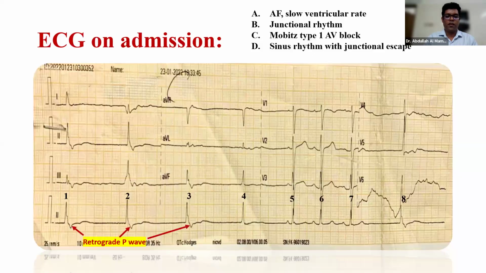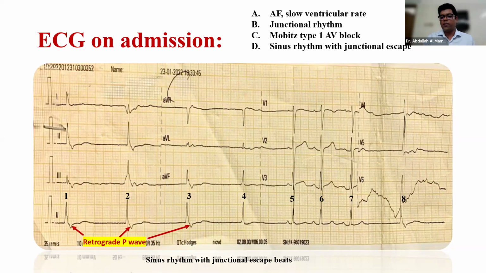The QRS duration seems to be normal, and the retrograde P wave is deforming the terminal portion of the QRS complex. So the initial part is junctional rhythm, and in the later part of the rhythm strip there is a sinus complex followed by the QRS complex, and after the sinus rhythm there is also a junctional escape, that's the 8th beat. So the ECG diagnosis is sinus rhythm with junctional escape beats.